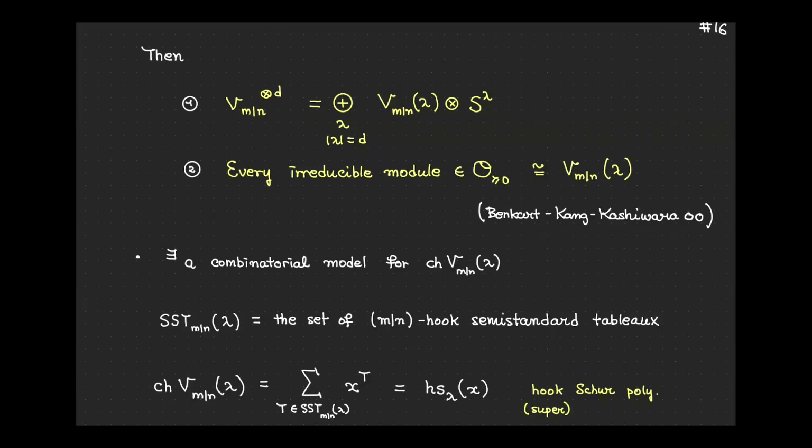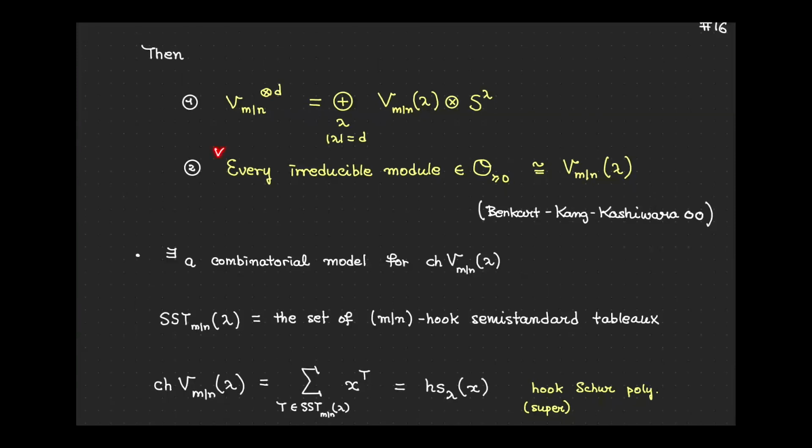And actually, they show that their statement is more general. But anyway, you can check that every irreducible object in this category, the polynomial weight modules, is isomorphic to this simple module parameterized by lambda.